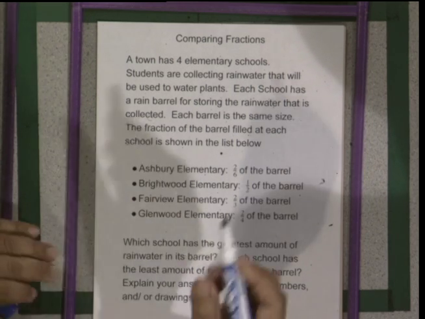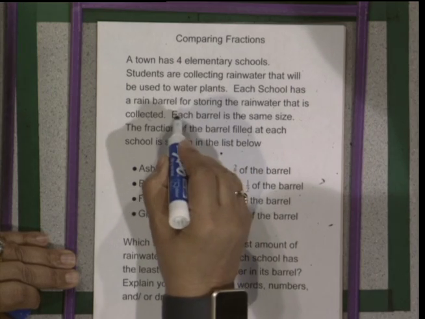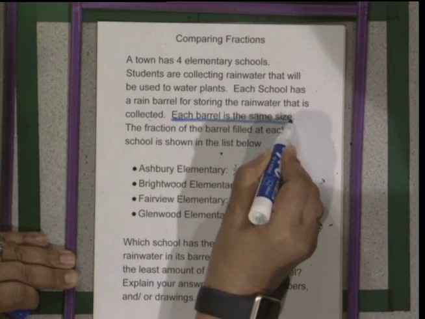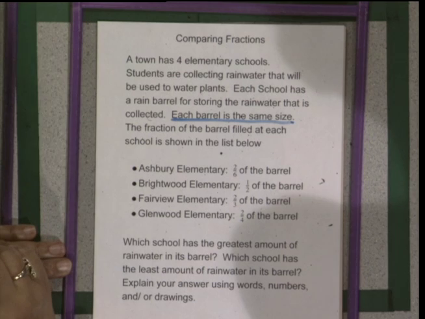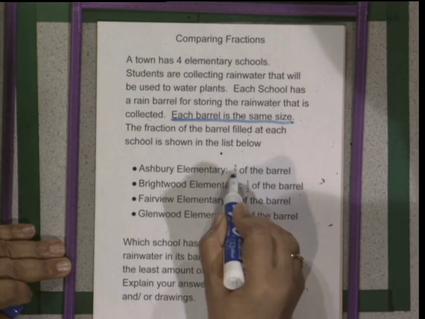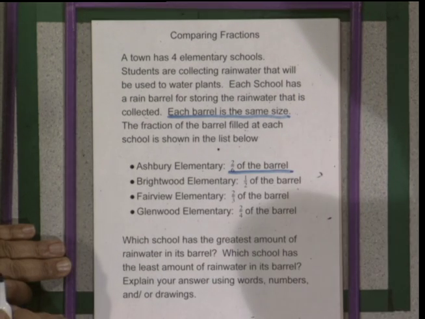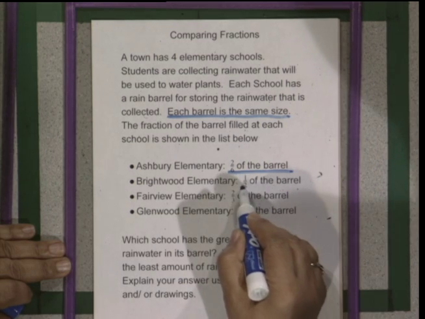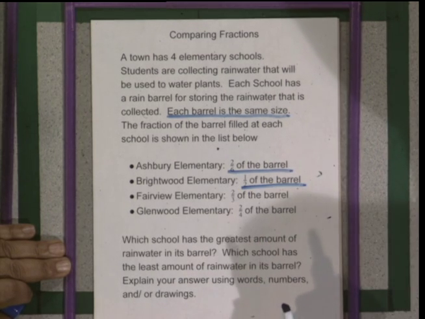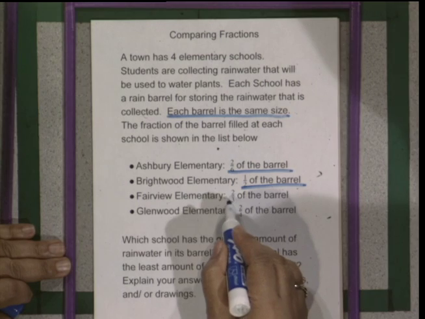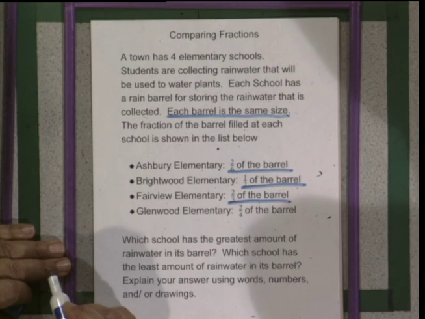Each barrel is the same size. Okay, that's very important. When we're making a comparison, we need to be comparing the same size. The fraction of the barrel filled at each school is shown in the list below. Ashbury Elementary, 2/6. Okay, we need to know that. Brightwood Elementary, 1/2. Fairview Elementary, 2/3. Glenwood Elementary, 2/4.